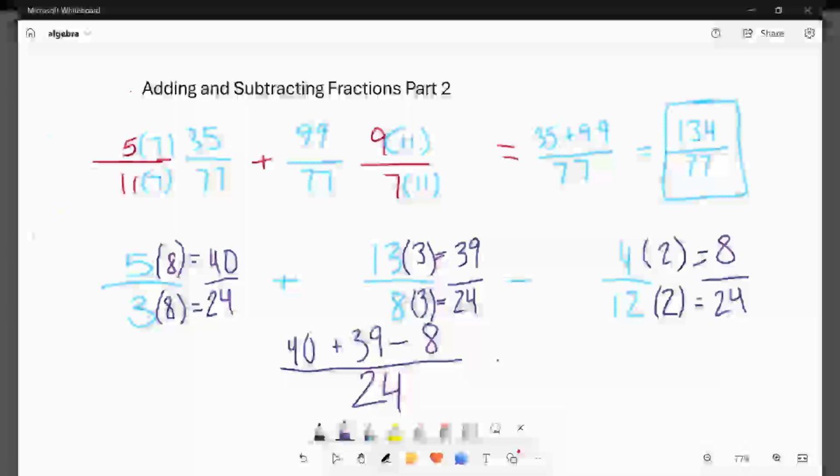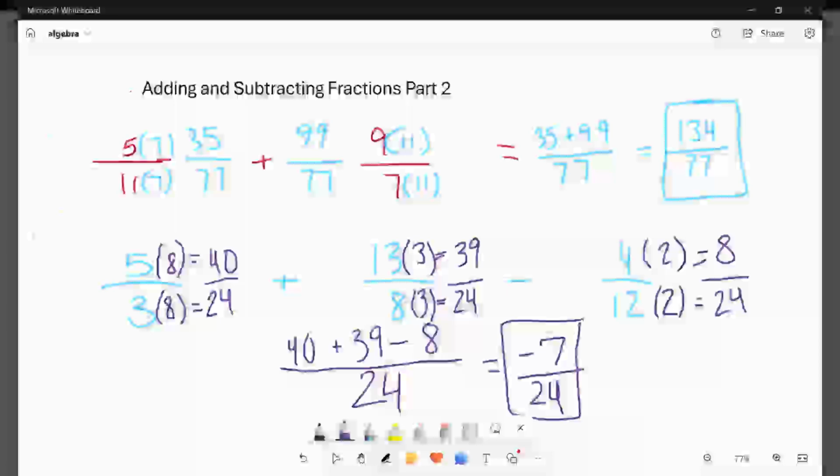And we're almost there. 24 on the bottom. 40 minus 39, we know that, is 1. Nice and easy. 1 minus 8 is negative 7. Awesome, so we made it. Negative 7 over 24 is our final answer.